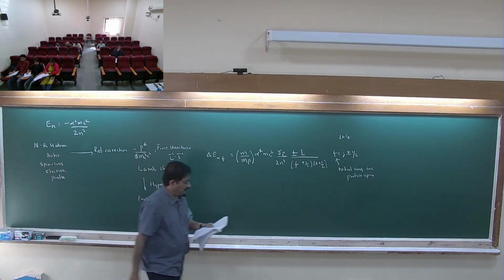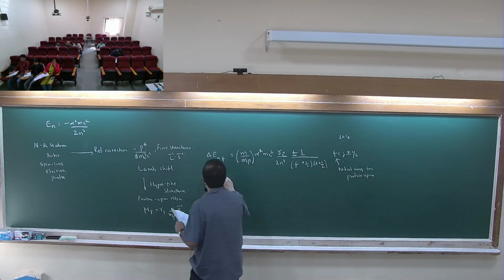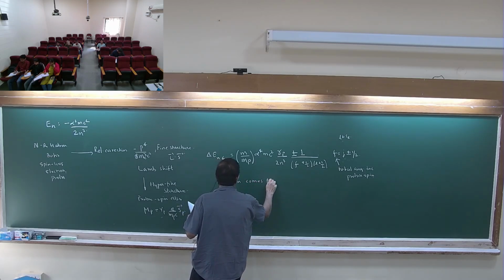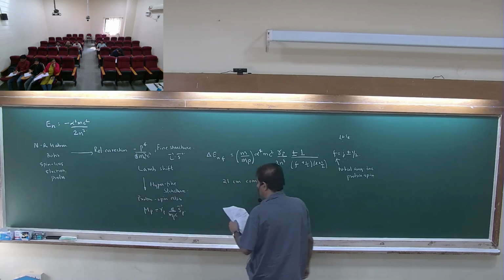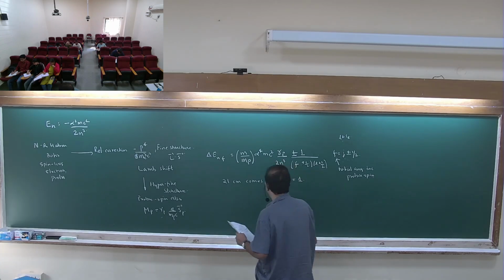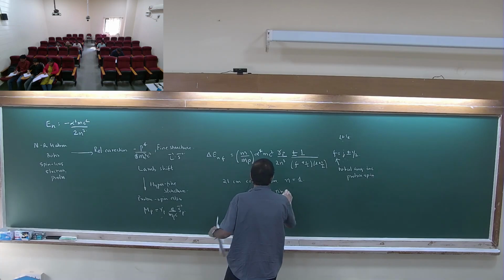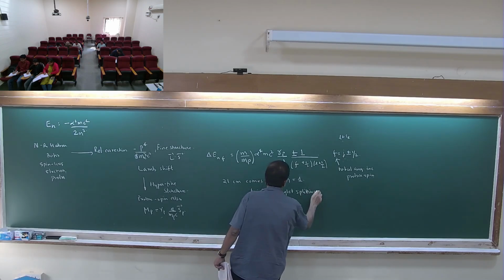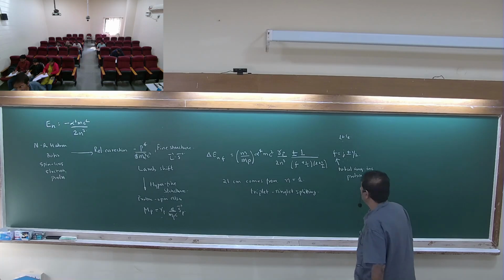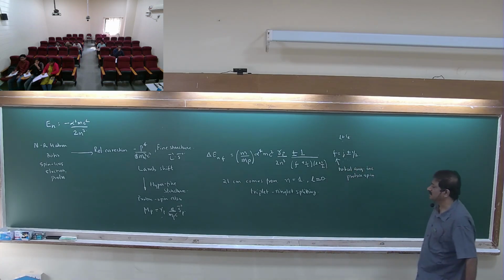Okay. So if you want to look at the 21 centimeter line, it comes from, I guess, n equals 1, and for the triplet singlet splitting, there L is equal to 0, and then there's a triplet singlet splitting.